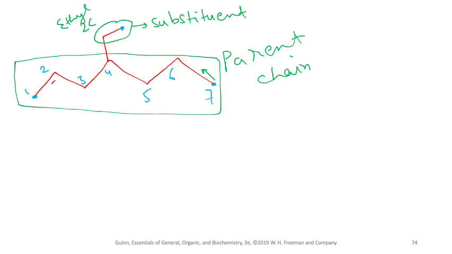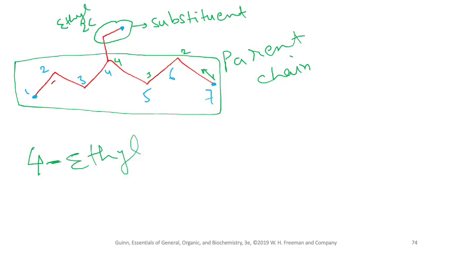If I had started from the right-hand side, 1, 2, 3, 4. So in this particular case, it doesn't matter which way you start counting, because the substituent is on the 4th carbon on both sides. So we write the substituent name with the location: on the 4th carbon, I have an ethyl group.